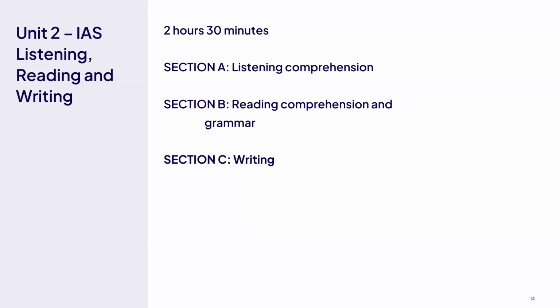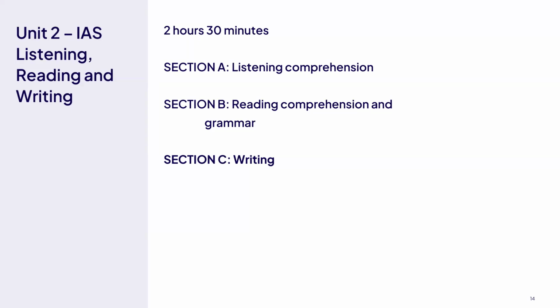Now, in section C, writing, students need to write a structured essay responding to a short text based on one of the general topic areas, and then some bullet points are provided to guide them as to what they need to write. Okay, so that's really the format of the 2 AS units: a speaking unit, unit 1, with a card and 4 questions and a discussion, and then unit 2, listening, reading and writing.